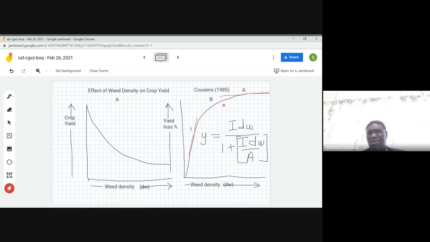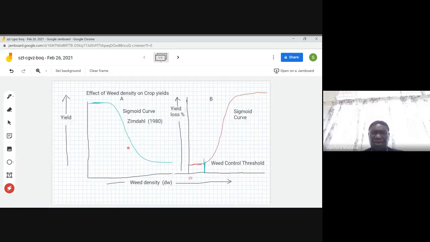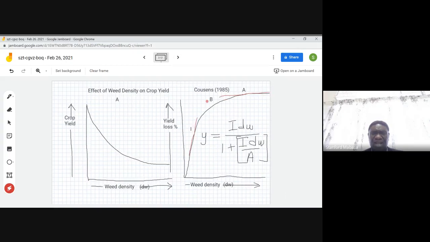This is how you can get your yield loss. Now, if we compare these two graphs, on the Zimdal curve, we can clearly see the weed control threshold. But when we come to Cousins, it appears there's no threshold. Everything is starting at 0.